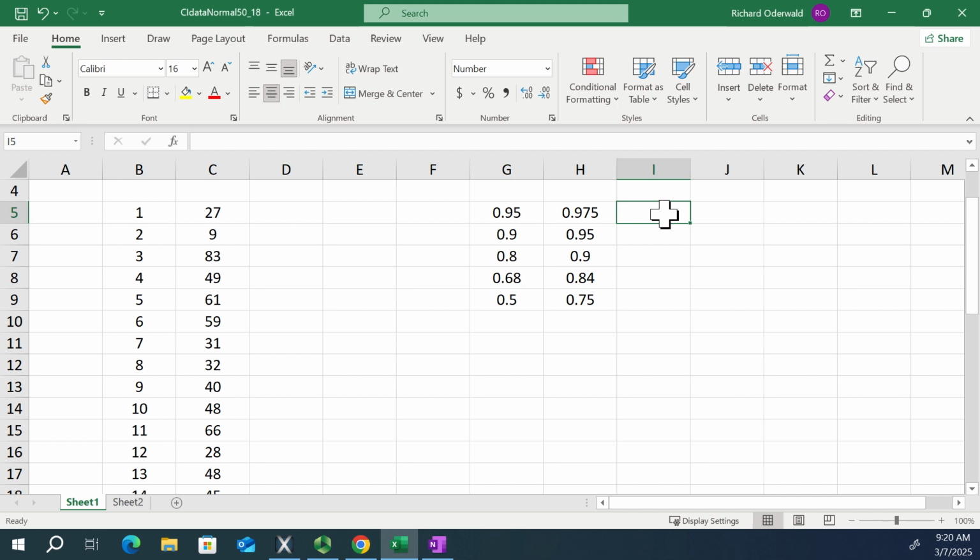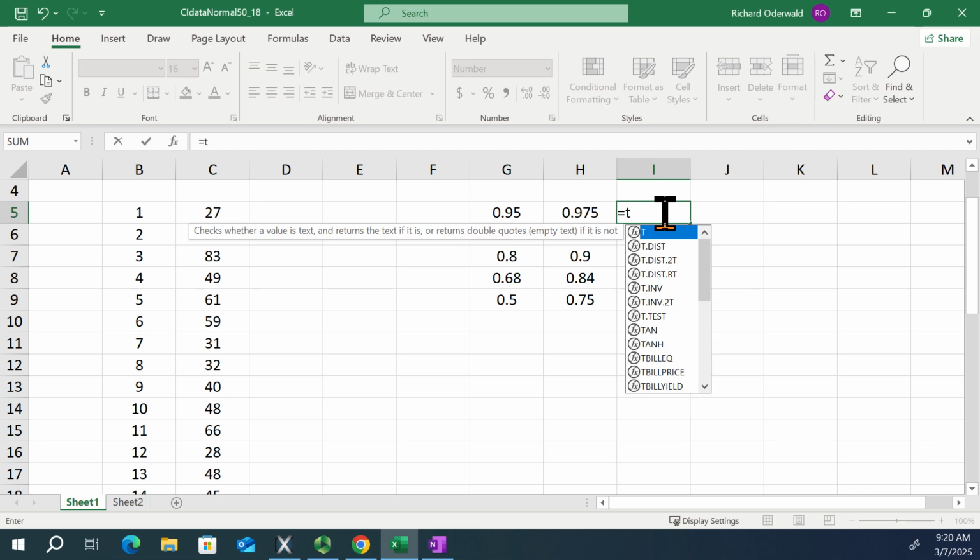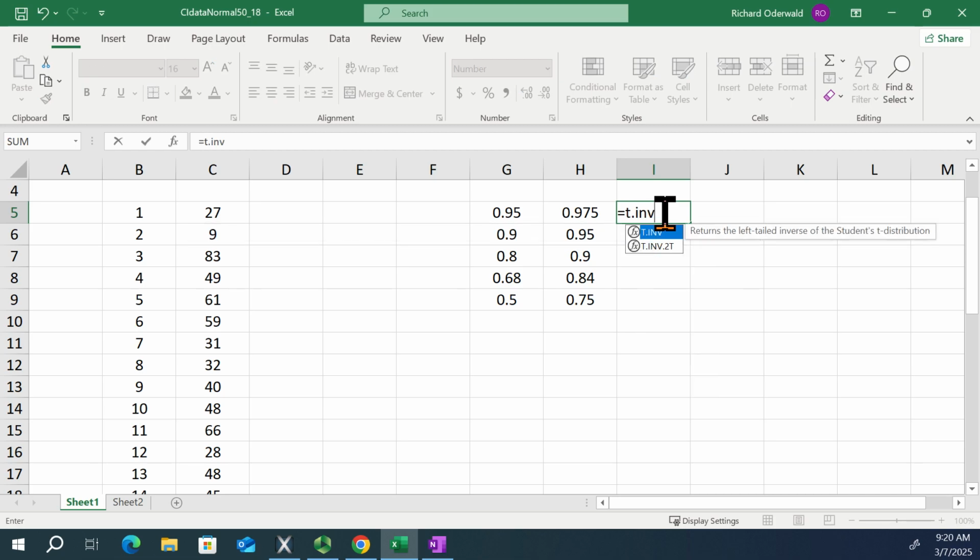The command for the t distribution. Instead of the z, I have to use the t, equals t.inv. And it pretty well tells you the rest of what it needs. It wants a probability and the degrees of freedom.